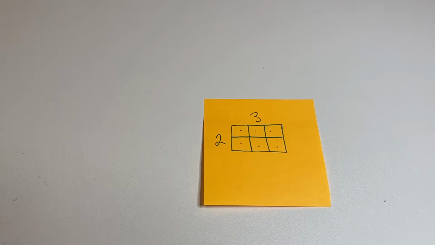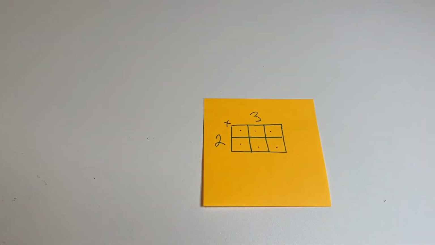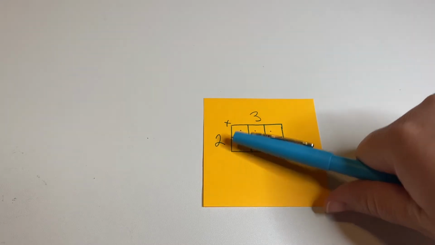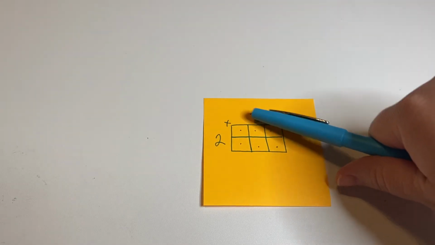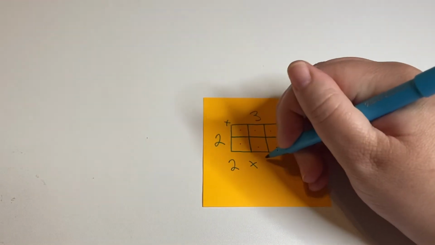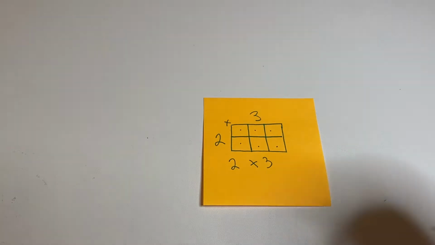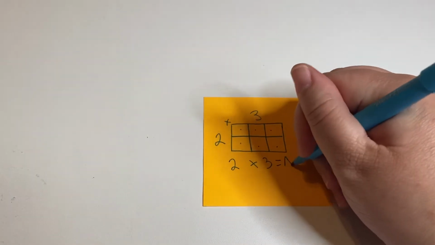So what we do to find that, if we don't want to do all that counting, is we are going to multiply. We would do 2 times 3, the length times the width, and that is equal to the area.